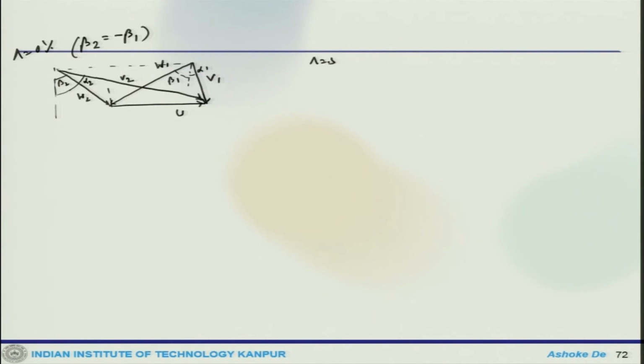Now, when this is 50%, that is the case alpha 1 equals beta 2 and alpha 2 equals beta 1. So, my profile will look different. This will go like that. So, that is my V1, W1.